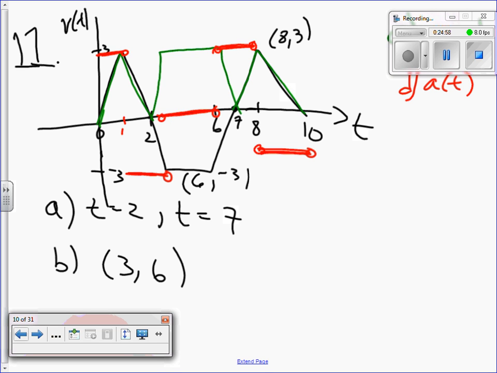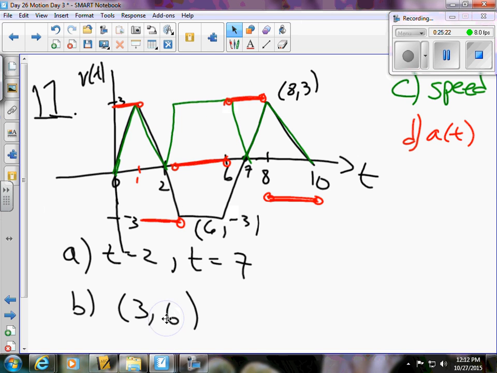So all I did was flip the graph over the x-axis there to make it positive. So the speed graph is what's highlighted in green there. You can always graph the speed by just leaving the velocity graph alone when it's positive and reflecting it over the x-axis where it's negative.